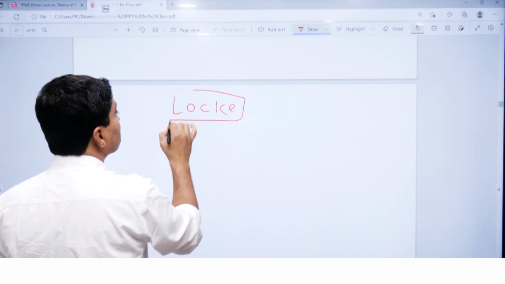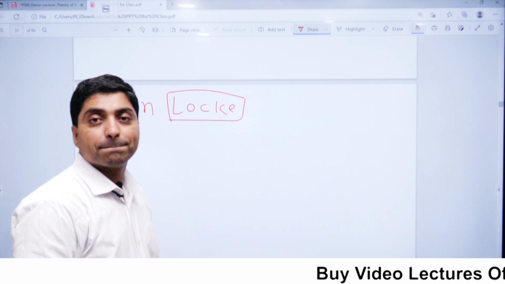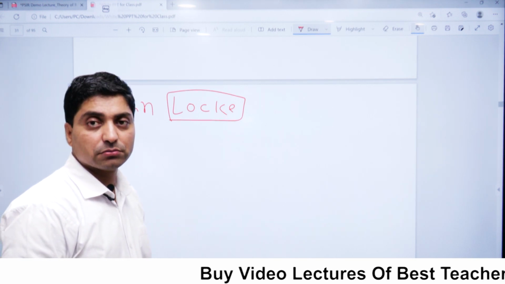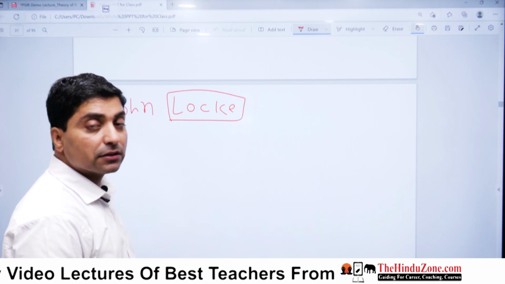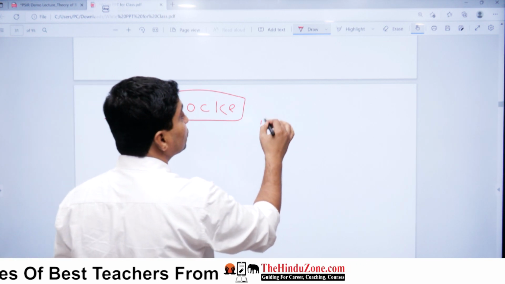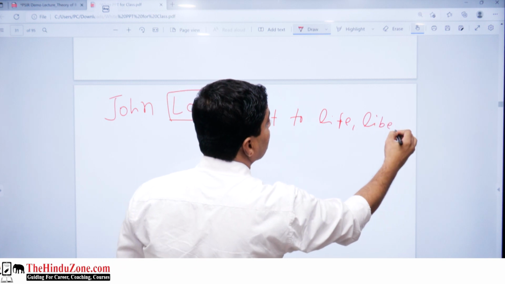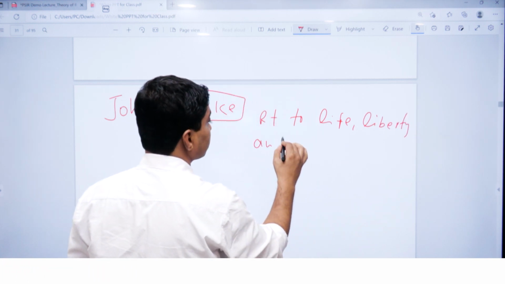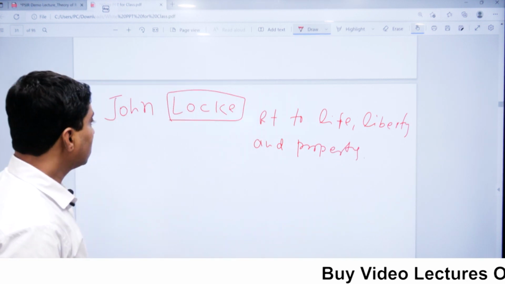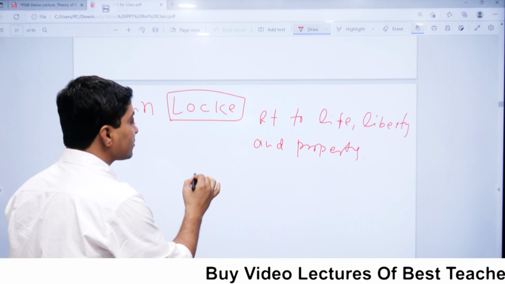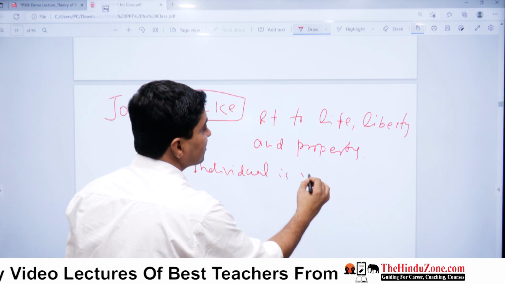John Locke was a great philosopher of Britain, and he proposed that man has the right to life, liberty and property. And the individual is rational.